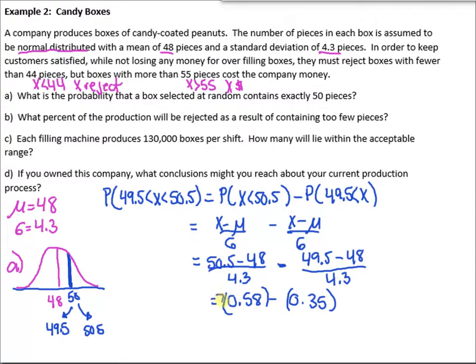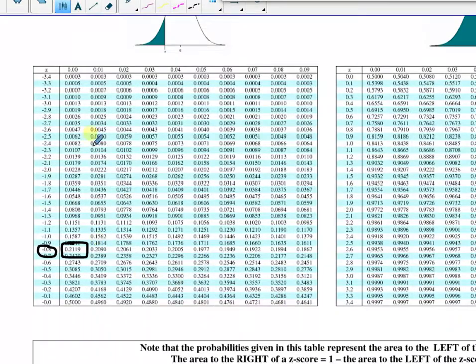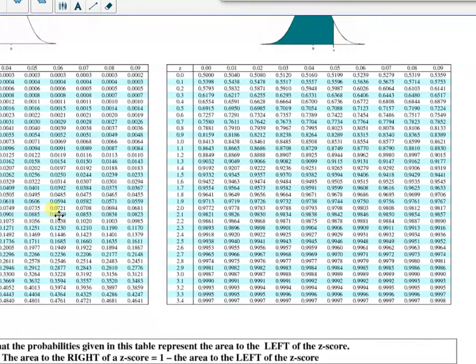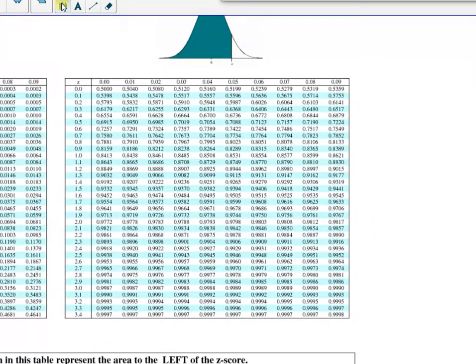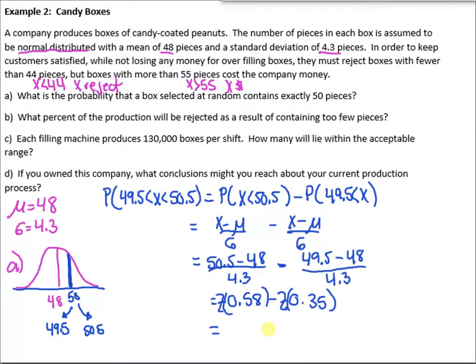These are our z-scores, so let's put a z beside them. We need to look up the z-score of 0.58 and then the z-score of 0.35. These are both positive, so that's fine. For 0.58, the row for 0.5 and column 8 gives 0.7190.